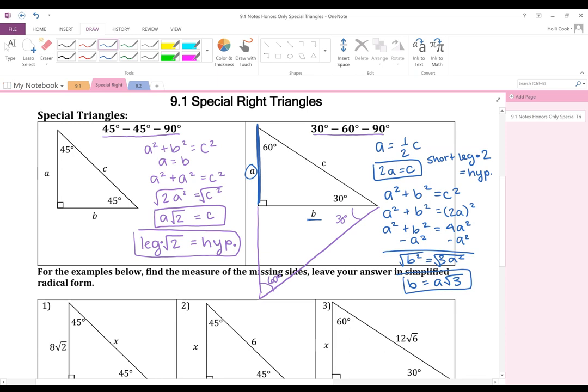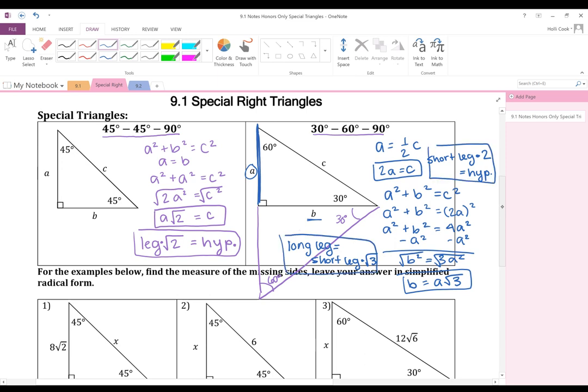And then the one we solved for down here, b is our long leg. So our long leg is going to be equal to a, the short leg, times the square root of 3. Those are our relationships.